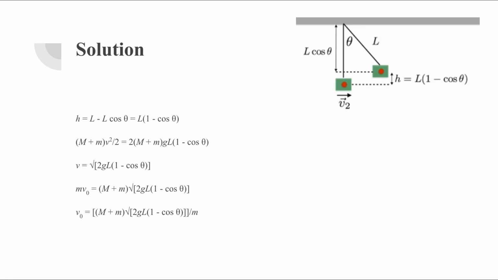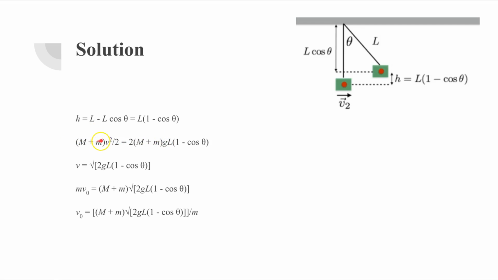So here's the hard part. The hard part is actually finding the initial velocity. What you can do here is use m plus M times v squared over 2, that kinetic energy, equals your potential energy. Then the m plus M's will cancel out.